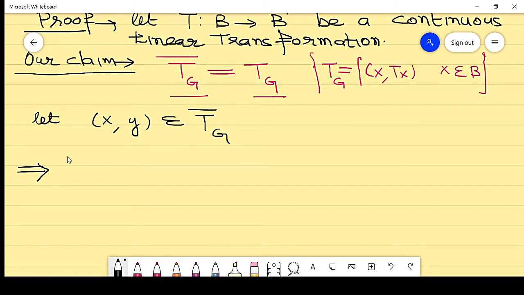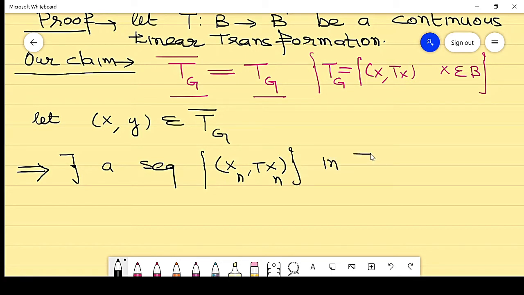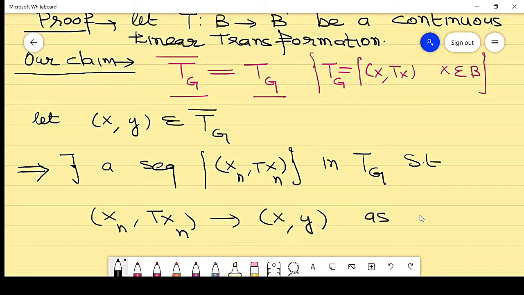So by definition, there exists a sequence (xn, Txn) in TG such that (xn, Txn) approaches (x, y) as n approaches infinity. So this is my given part.